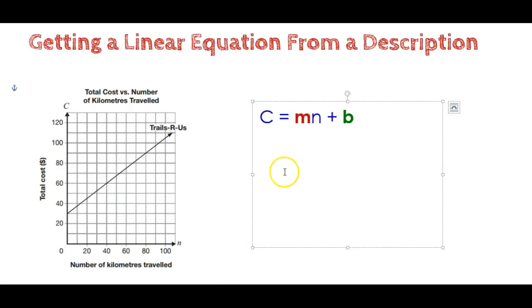We were able to get all the other values from looking at my y-intercept and my slope. In this case, my y-intercept is 30, so I'm going to replace the value of b with that 30. And my slope I can get by looking at my rise and my run. When I pick this point right here and this other point right here, I can quickly grab the slope.